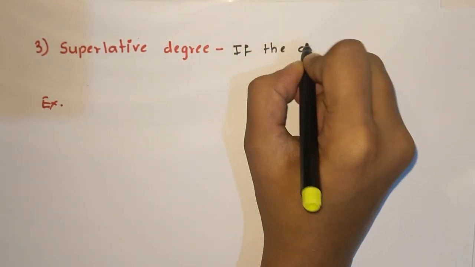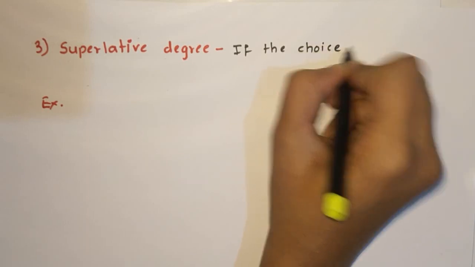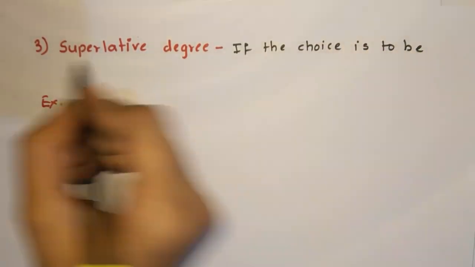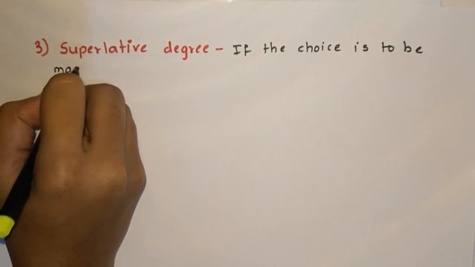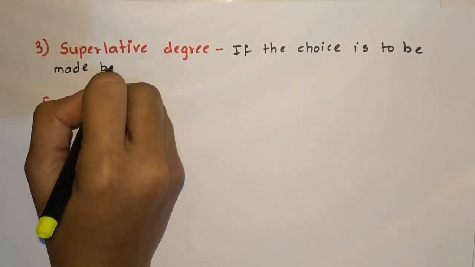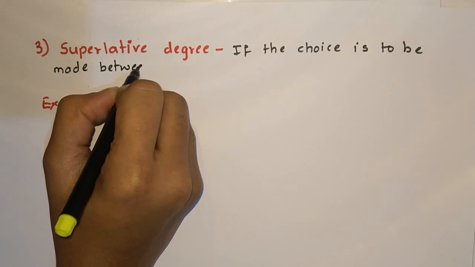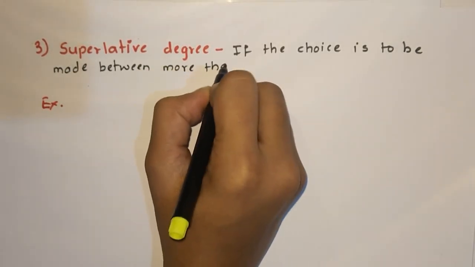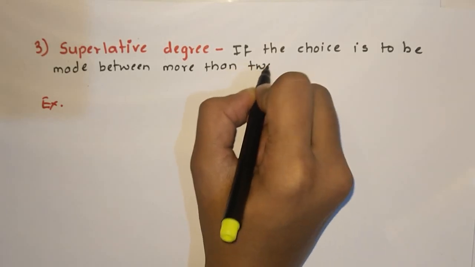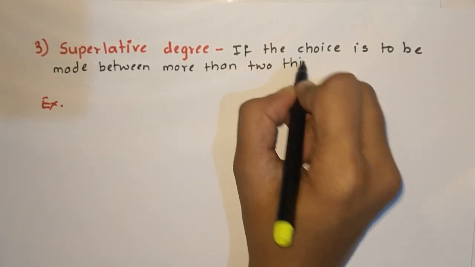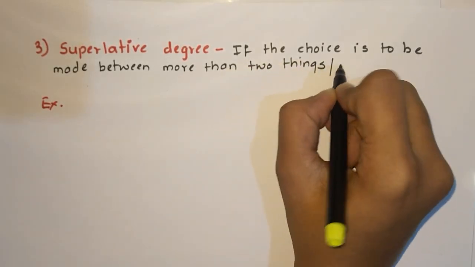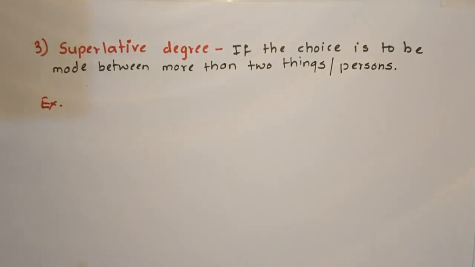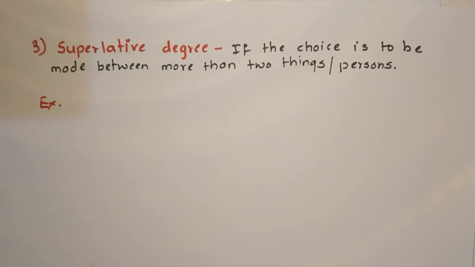If the choice is to be made between more than two things or persons, then we use superlative degree.